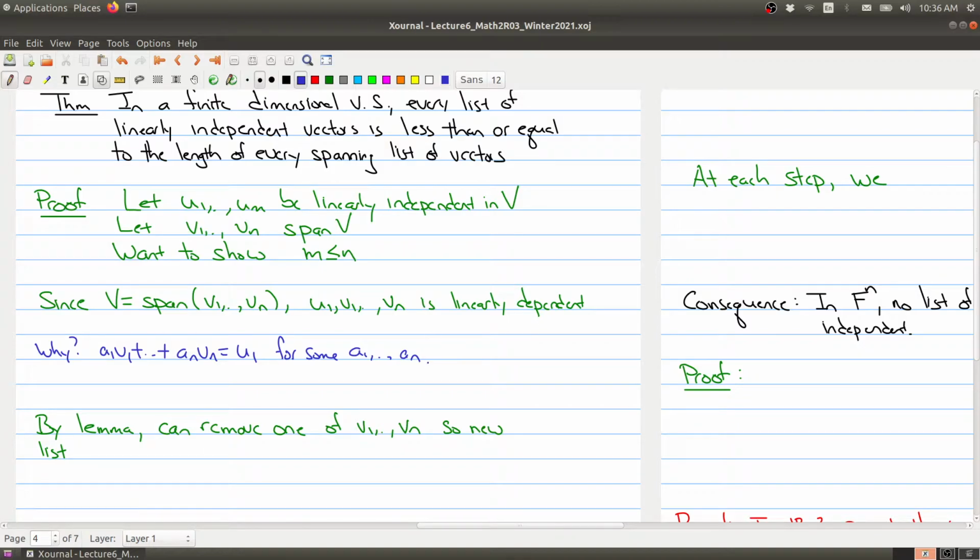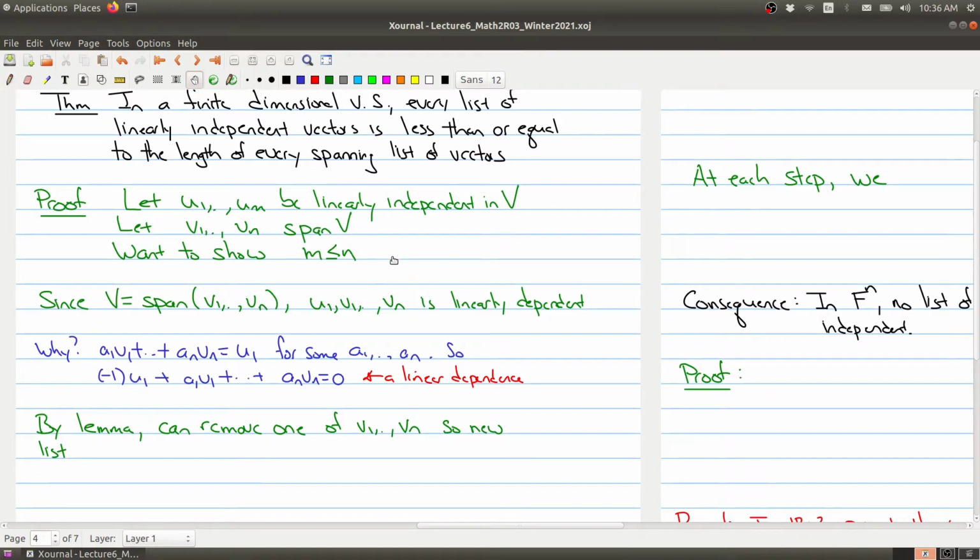Then you can rearrange, so you have that minus 1 times u1 plus a1 v1 up to an vn equals 0. And this is a linear dependence among the vectors because we've found a non-trivial solution to write the 0 vector.